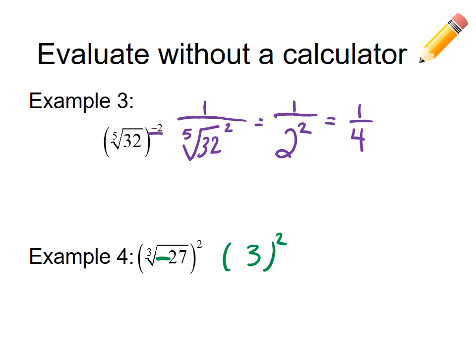When you have an odd index number or an odd exponent, you keep those signs. This is something you definitely double check on your calculator during work time, but be prepared to deal with it without a calculator. We know that when we square a negative, it becomes positive because a negative 3 times a negative 3 gets me to positive 9.